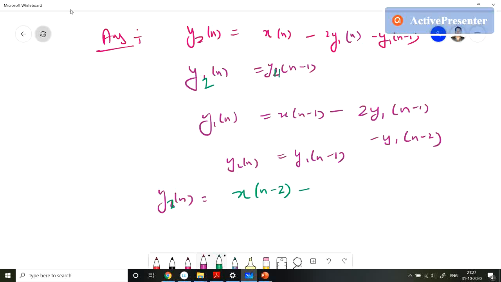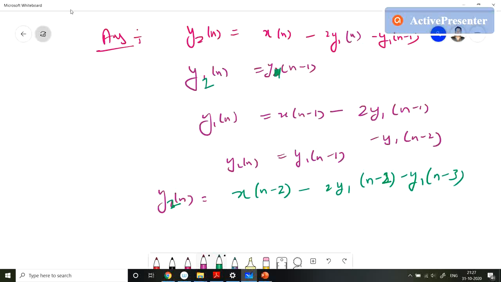This is 2 and this is 1, please correct. And this is n minus 2 and this is n minus 3. So this is y2(n).